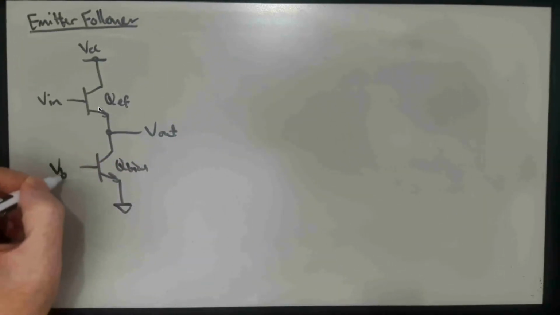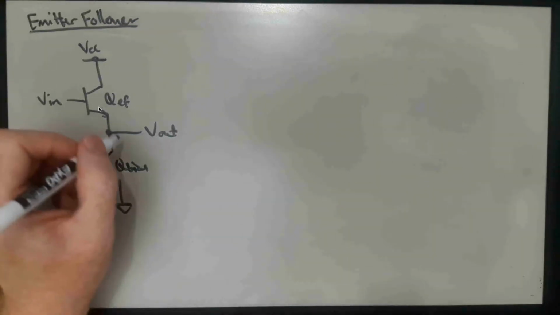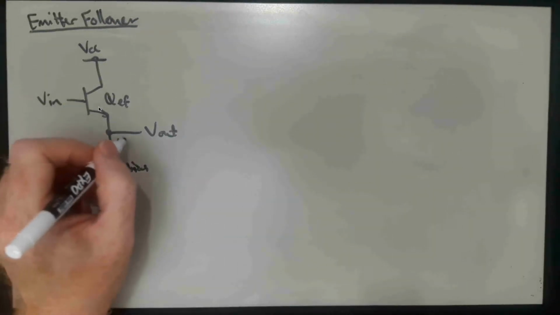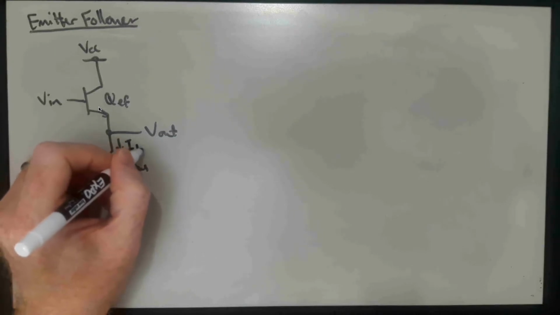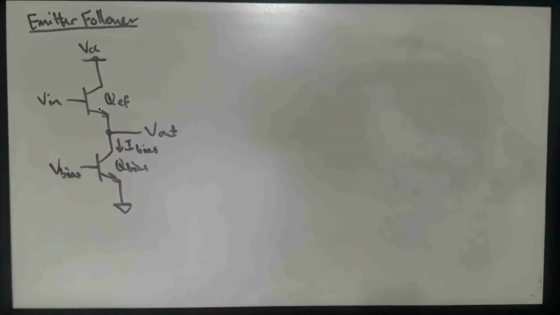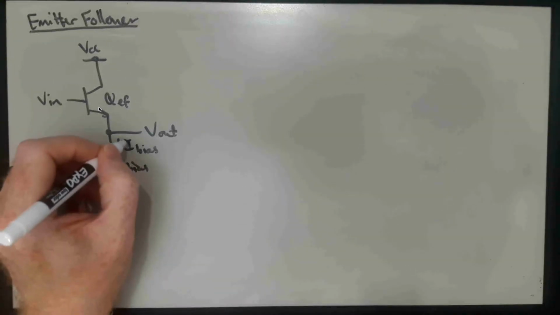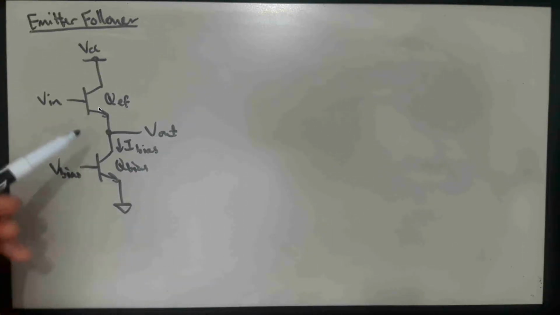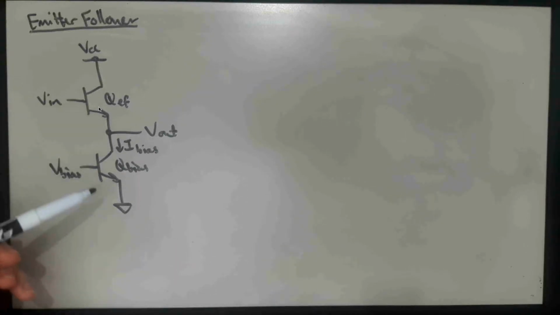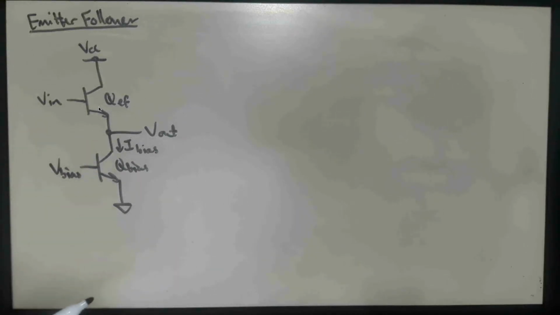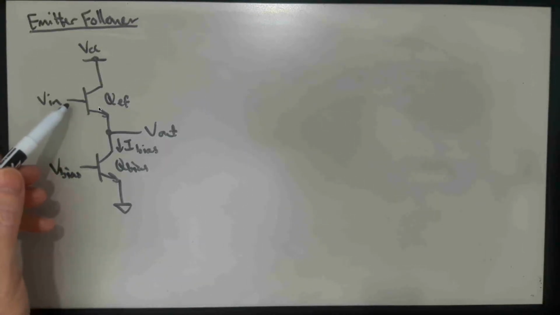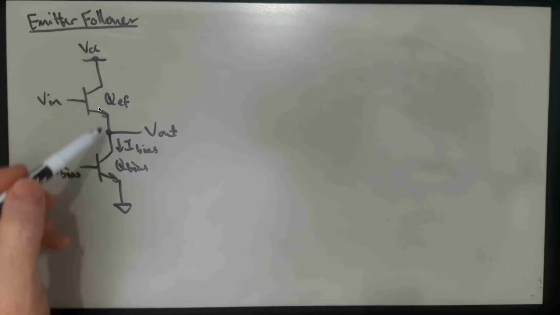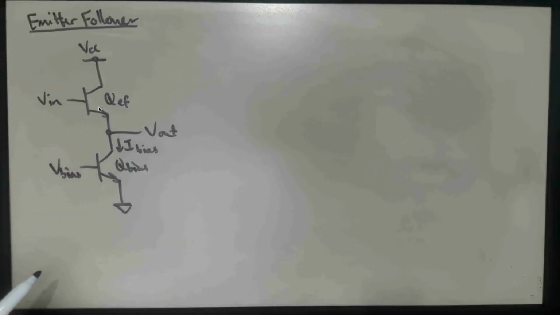And then the bias voltage, V bias, is down here. The bias transistor's job is to set up a current, which we would like to be a constant current, ideally, flowing in the transistor QEF. And we found that if we assumed some things about the transistors, namely that they matched each other, they were operating at the same temperature, and we also assumed that they were idealized in the sense that beta goes to infinity, so there's no base current, and the collector current is exactly equal to the emitter current, and that there is no Early effect.